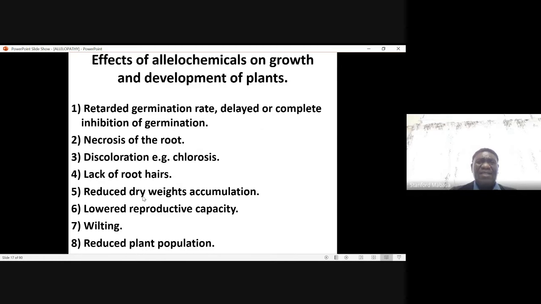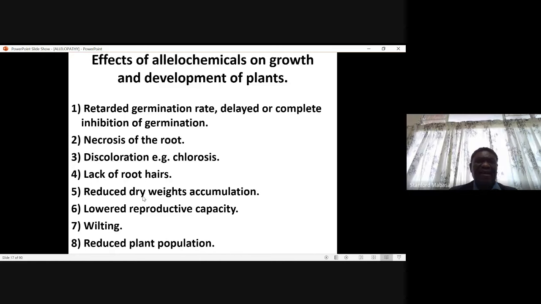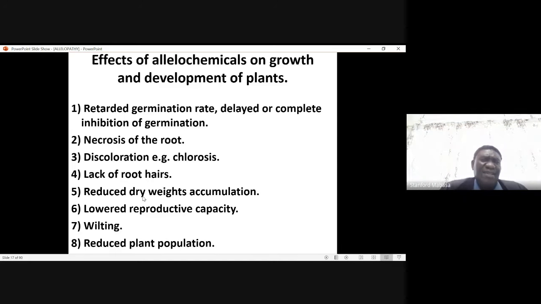Now here we're going to examine the effects, what we notice on plants affected by these allelochemicals. You know, they are like herbicides. For example, a plant which has been affected by allelochemicals may have retarded germination rate, delayed or complete inhibition of germination.